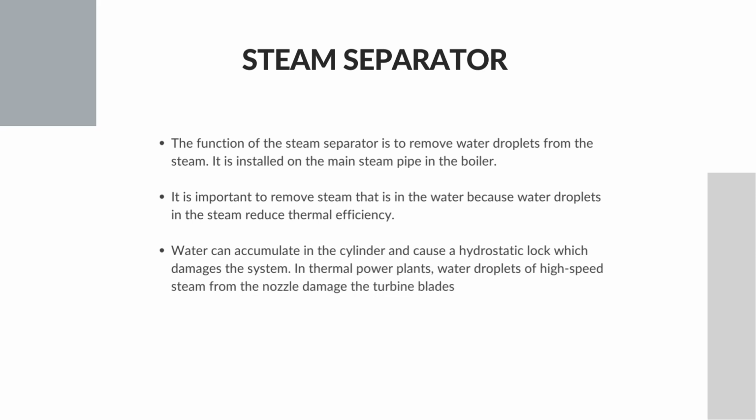It is important to remove water that is in the steam, because water droplets in the steam reduce the thermal efficiency. Water can accumulate in the cylinder and cause hydrostatic lock, which damages the systems. In thermal power plants, water droplets in high speed steam from the nozzle damage the turbine blades.